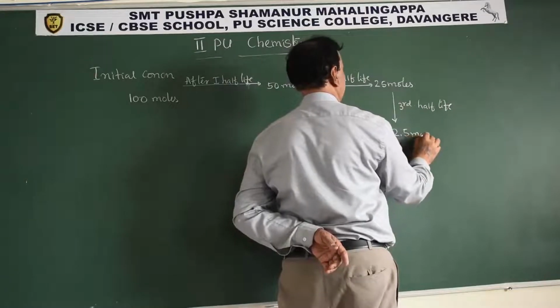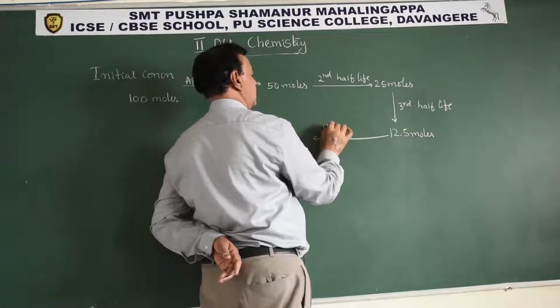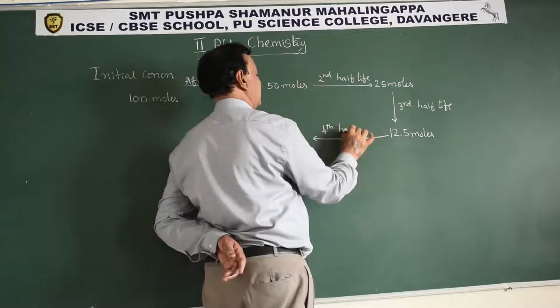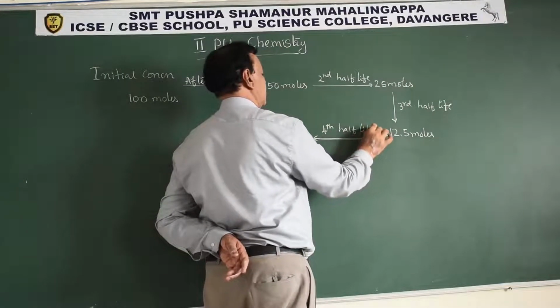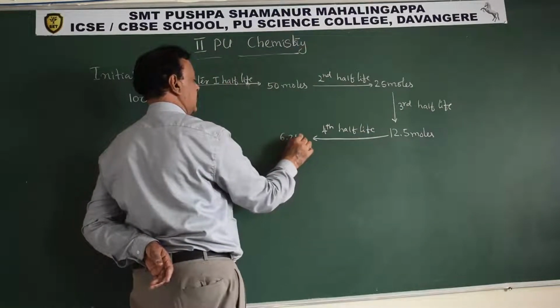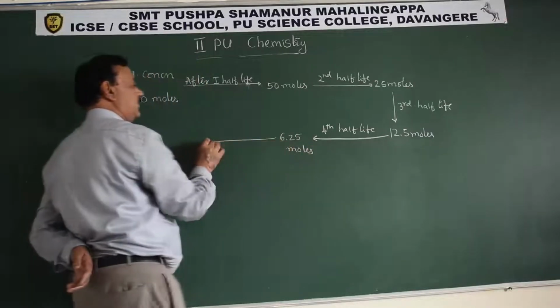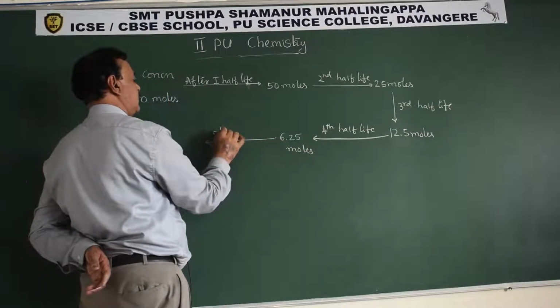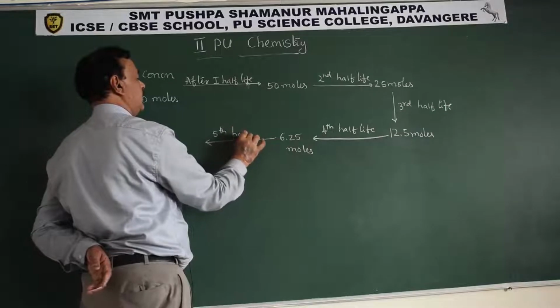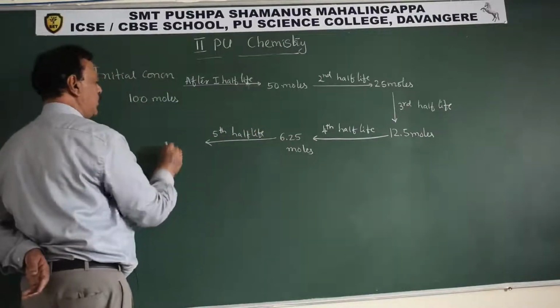12.5 moles. In the fourth half-life, this is 6.25 moles. In the fifth half-life, it is 3.125 moles.